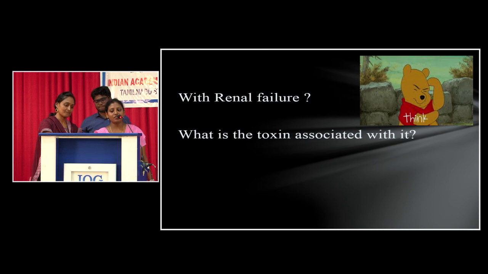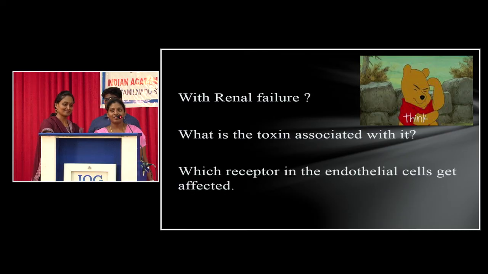Okay, very good. What is the toxin associated with it? E. coli O157:H7. Okay, it's always called, very good, verotoxin or Shiga toxin. But it's the strain of E. coli. Okay, I'll give you marks. Which receptor in the endothelial cells gets affected? ADAMTS13. No, that is for TTP. Yeah.